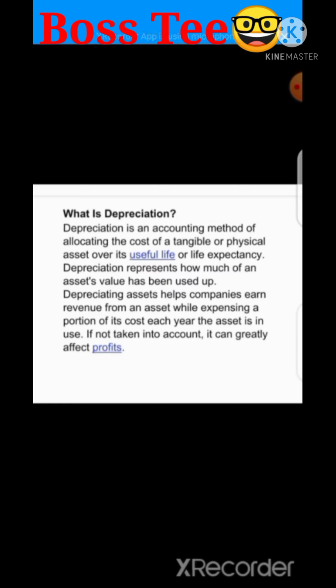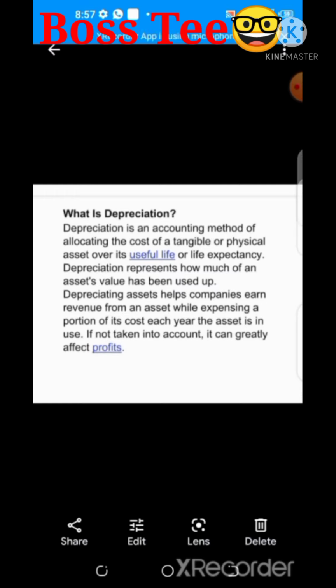Now its value is 30,000. This depreciation helps us to know that what most tutors say, the reduction in the value, or the economic reduction in the value of an asset, is the same as the allocation of the cost of a tangible asset over its useful life, that is the period we've passed, and the life expectancy, that is the period yet to come. It's the same.